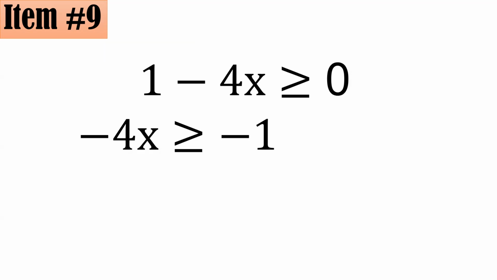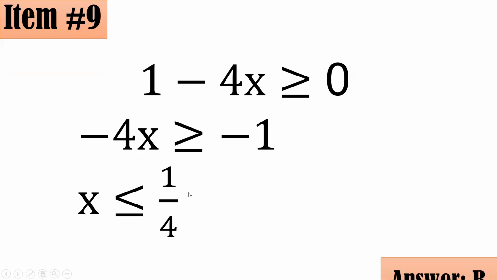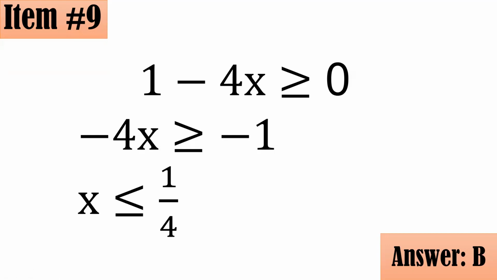Kung less than, magiging greater than. Take note that only happens if you divide or multiply by a negative number on an inequality. But if you are multiplying or dividing by a positive number, the sign remains the same. So dividing both sides by negative 4 gives x is less than or equal to 1/4. Because negative 1 over negative 4 is 1/4. So the correct answer po ay letter B.